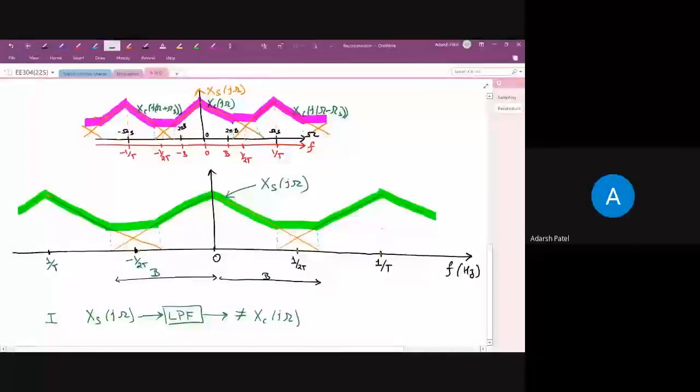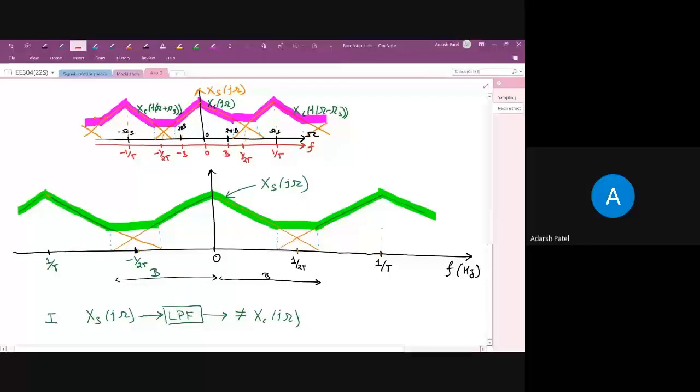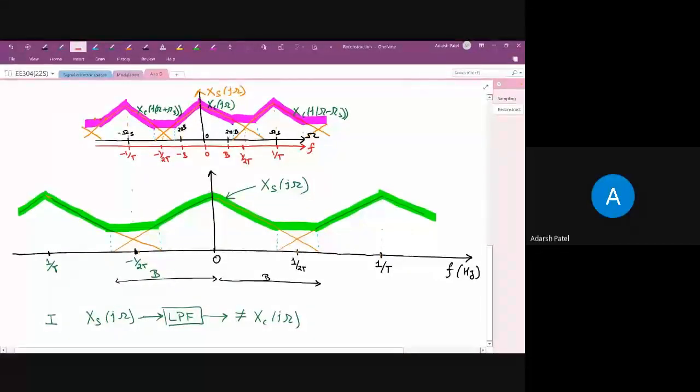So if I pass this thing by a low pass filter, we knew that the filter in the best case can be like this, to make it more and more close to xcg omega.